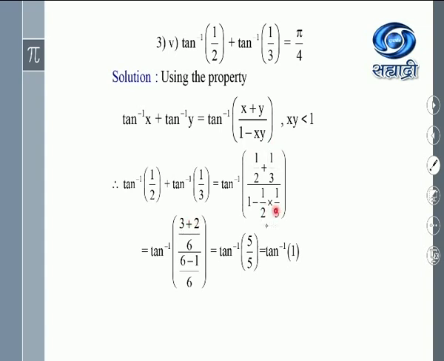The denominator is 1 minus 1 upon 6, so to this 1 we multiply by 6. Numerator here is 3 plus 2 is 5, and denominator is 6 minus 1 upon 6. This common denominator 6 and 6 gets cancelled and we are left with tan inverse of 5 upon 5, which is equal to tan inverse of 1.